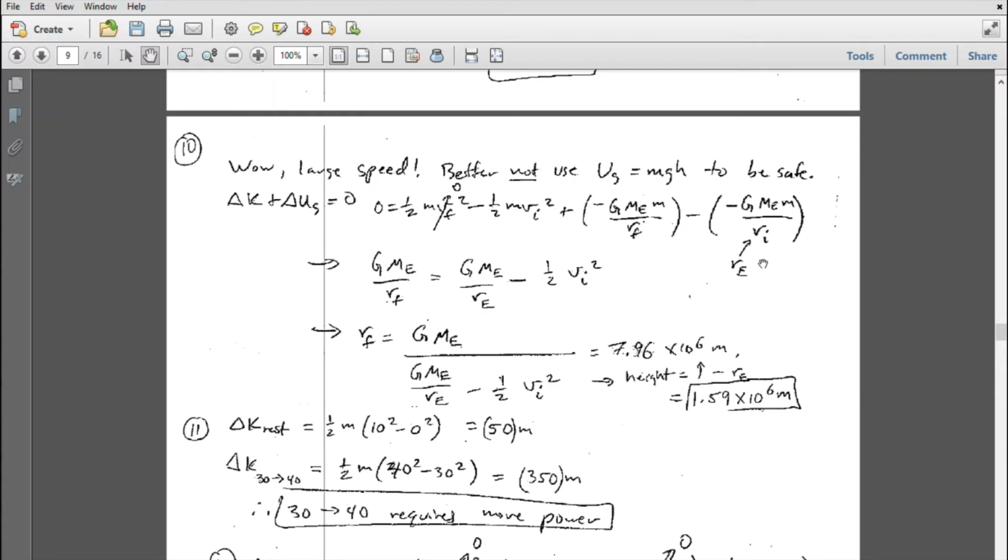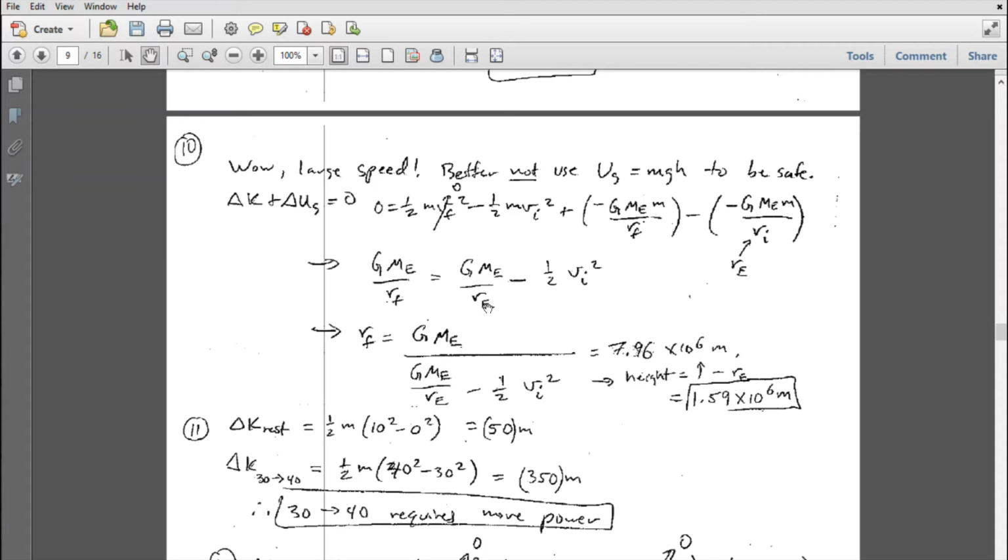The initial radius that it's at relative to the center of the Earth is just the radius of the Earth. And the final one is what I'm going to solve for, and then we have to subtract off the radius of the Earth to get the height it goes to. So do a little bit of algebra, plug in those things, and then put this thing on the left-hand side where the 0 was, and we get this equation right here.